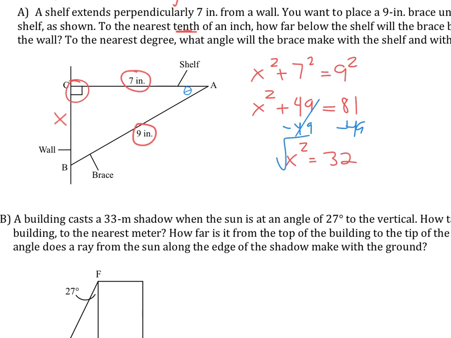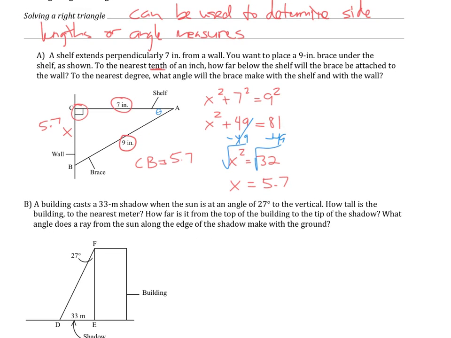And if you square root both sides, x equals 5.7. So CB is going to be 5.7 inches.